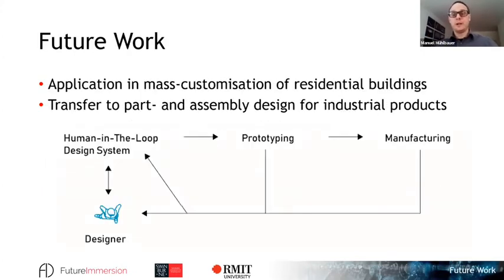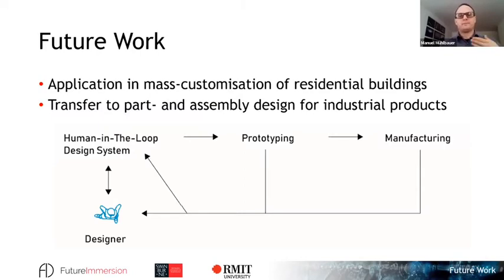In the future, we plan on applying this concept and this framework in mass customization of residential buildings with a more complex representation, similar to the house grammar I mentioned earlier.